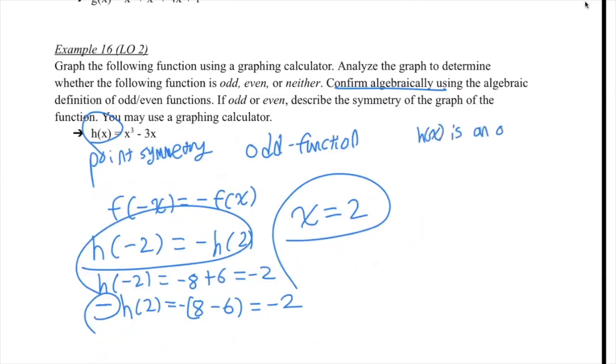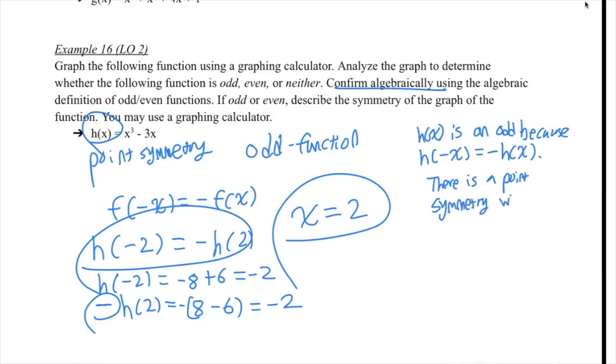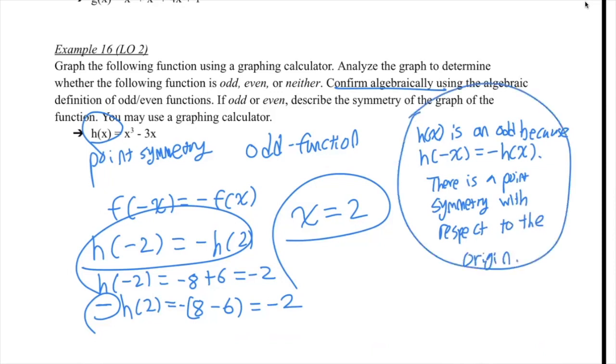And we can write the definition as h of negative x is equal to negative h of x. And we can also say that there is a point symmetry with respect to the origin. That will be a perfect answer that gives you all the points for an FRQ.